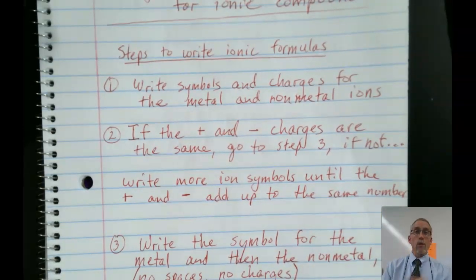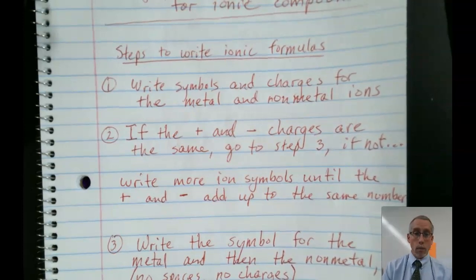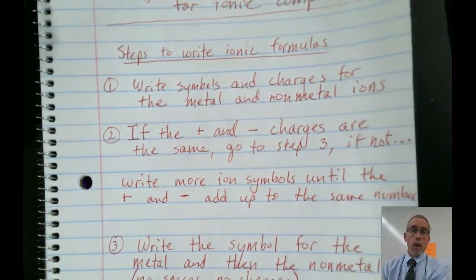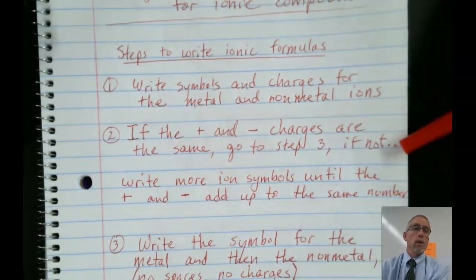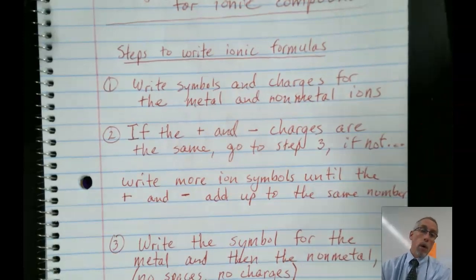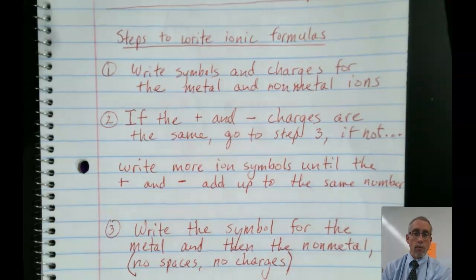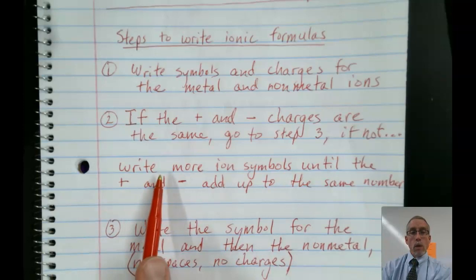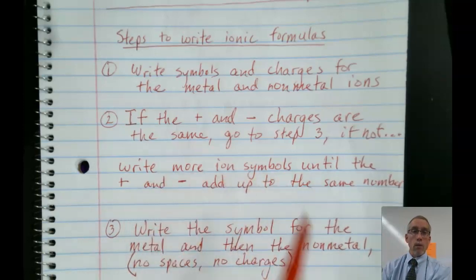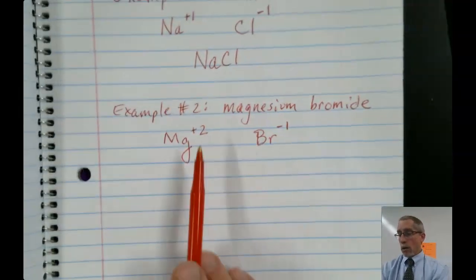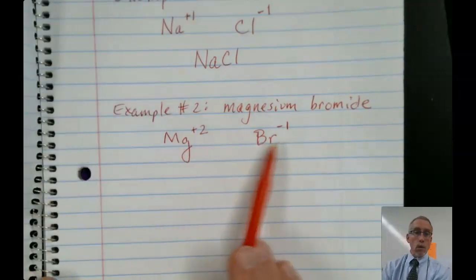Now I'm going to show you what that looks like in our magnesium bromide example, but just get this down here, and then I'll show you what it looks like when we do this. And pause here if you need more time to write this down so you don't get lost as I move on. Okay, so what we're going to do is we're going to write more ion symbols. Okay, so these are the ion symbols that we're dealing with here.